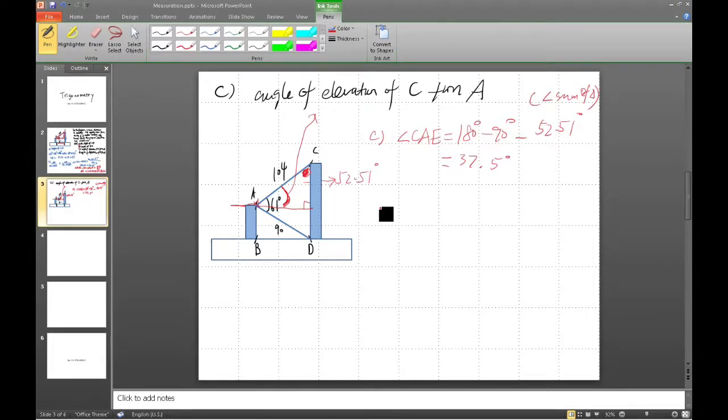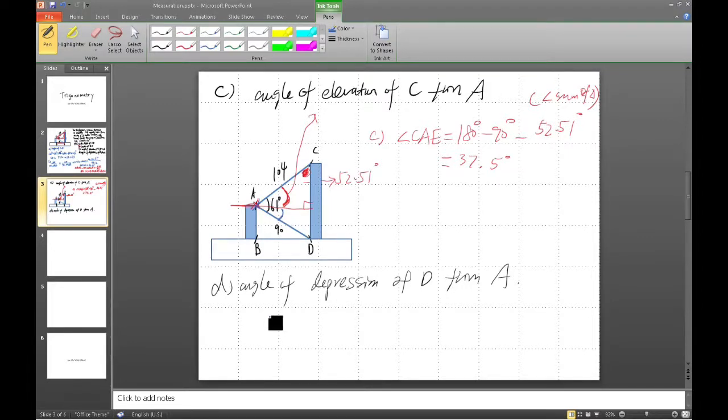Now let's go on to part D. Part D, we are asked to find the angle of depression of D from A. D is clearly below A. Therefore, I will highlight the angle we need to find in the diagram in blue.